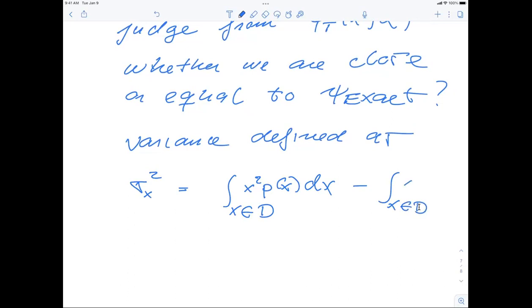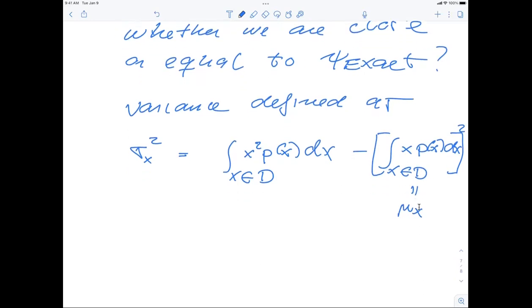This is the definition of the expectation value, and we are going to square that one. So this is the same as the mean value of this variable x, given by the first moment. So here we have a probability distribution, and this is the formal definition of the variance.